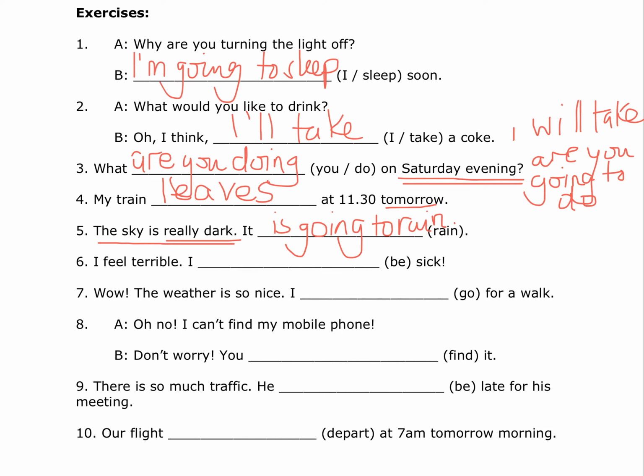So it is very probable that it's going to rain. And exactly the same thing is in the next sentence. I feel terrible. So again, there is evidence that you are going to be sick. I feel terrible. I'm or I am going to be sick.